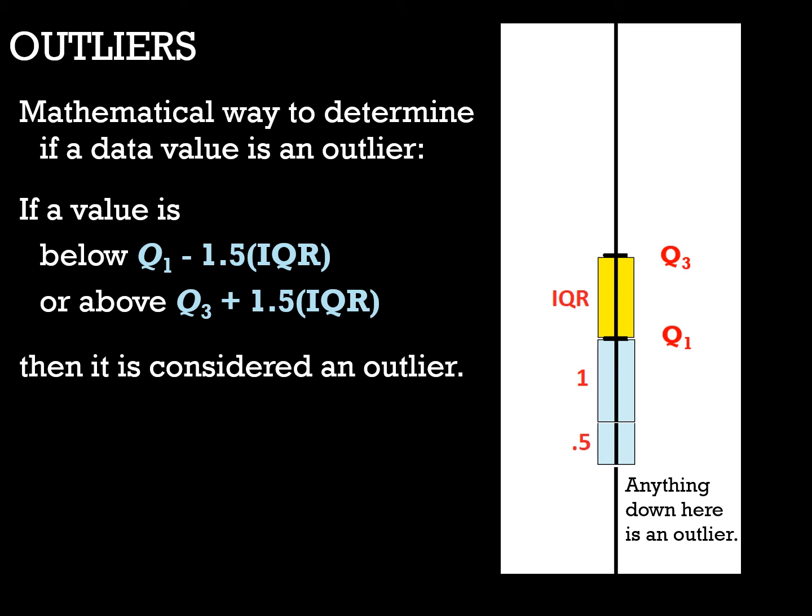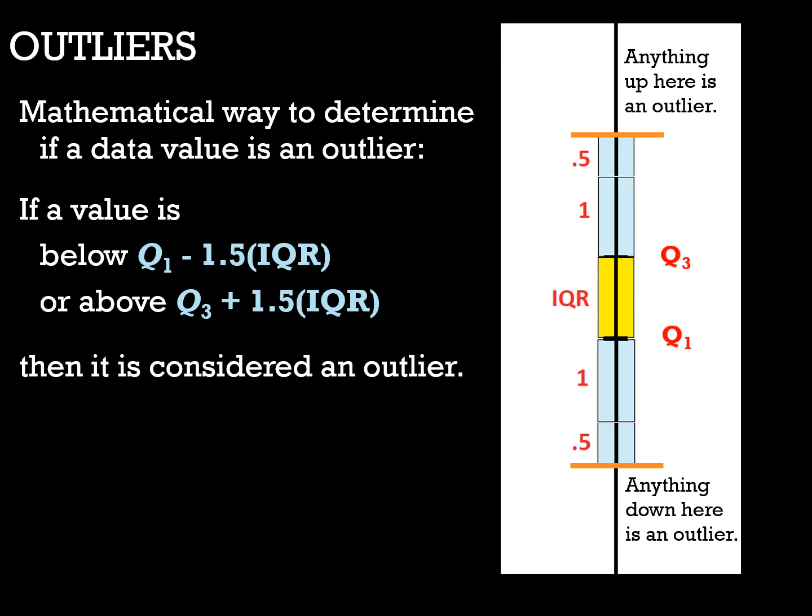Now let's do it for up above. So again, we would find IQR times 1.5. So we're going to put a box that's the size of IQR above Q3, and then take another box that's half that size and put it up there too. And then that value there would represent Q3 plus 1.5 IQR.